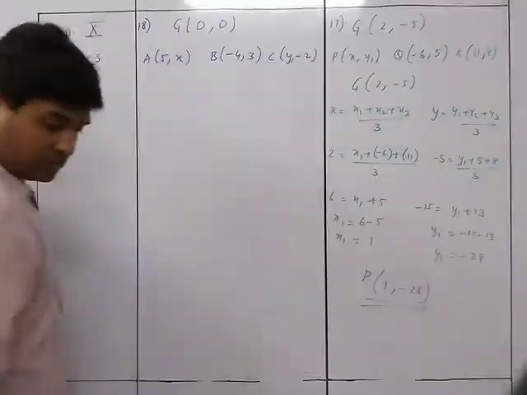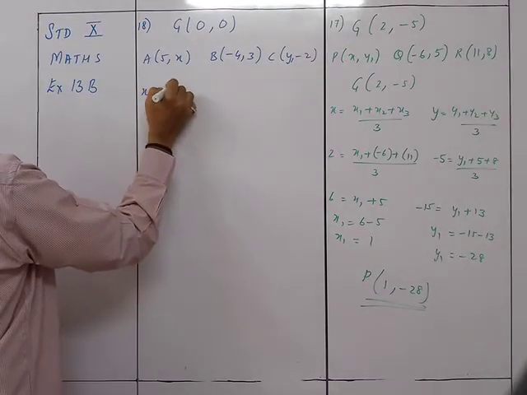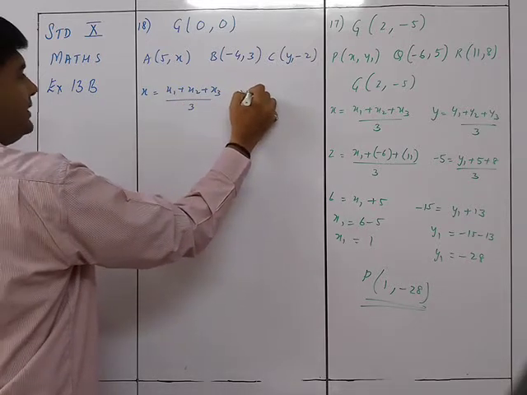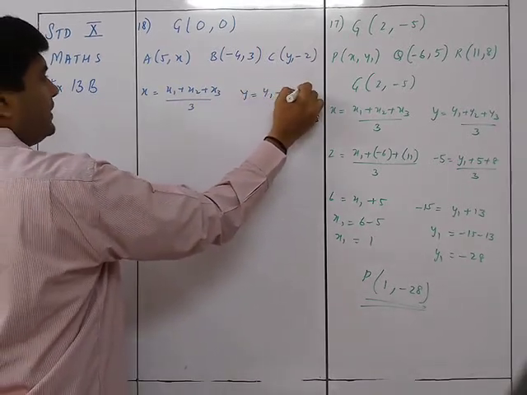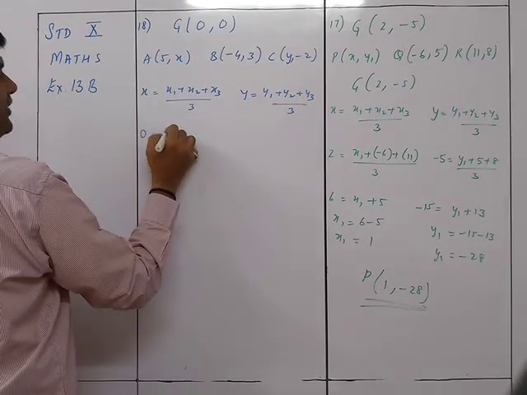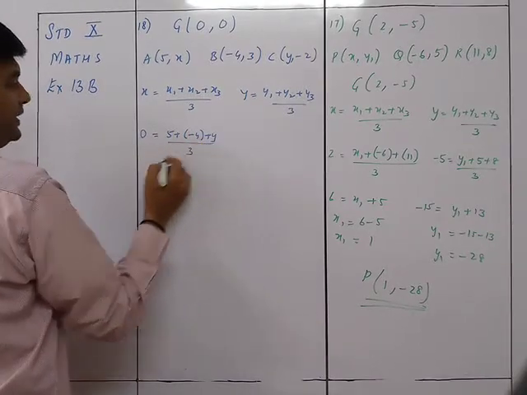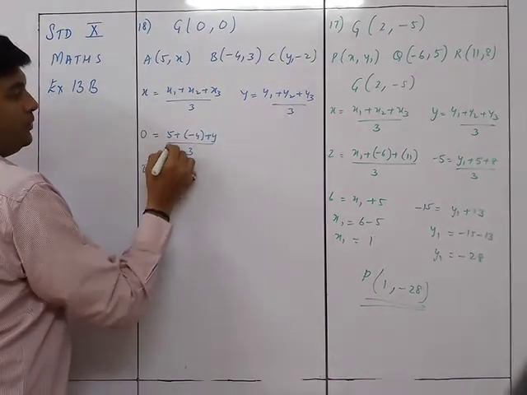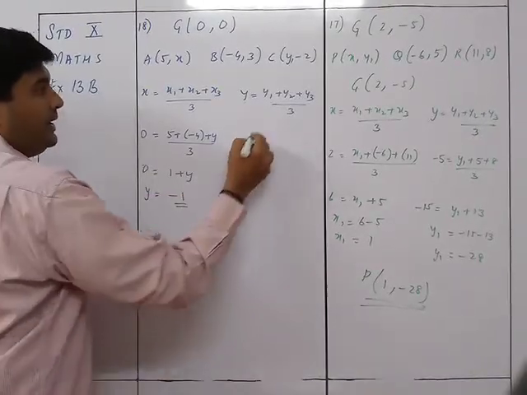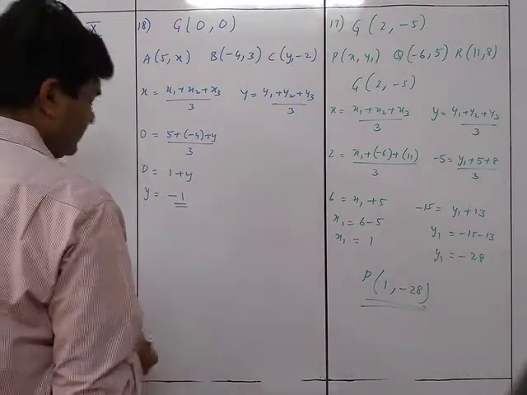So that's the question. Accordingly, we have x is equal to x1 plus x2 plus x3 upon 3. Y is equal to y1 plus y2 plus y3 upon 3. So 0 is equal to 5 plus minus 4 plus y upon 3. So 0 is equal to 1 plus y, y is equal to minus 1.